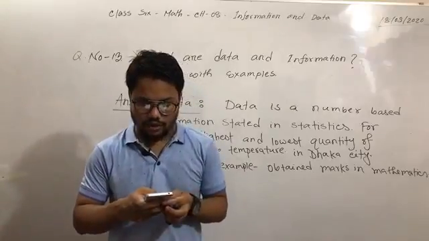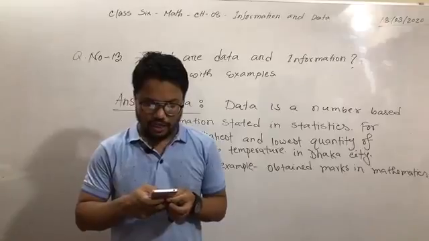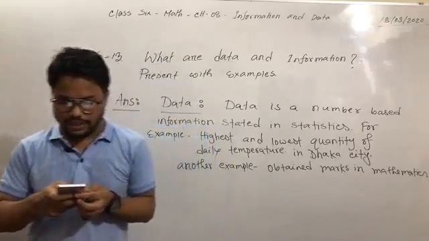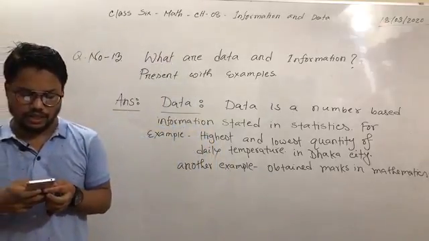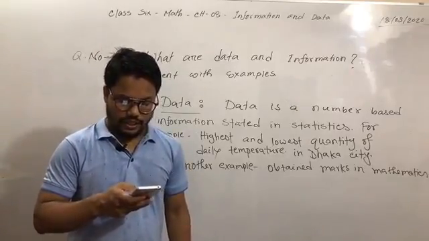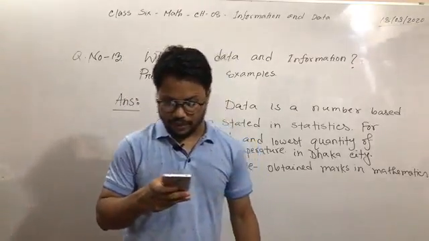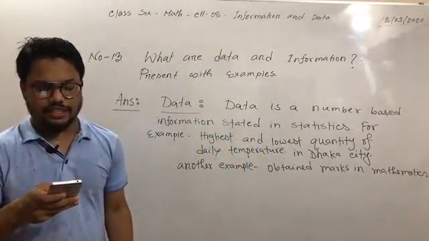Data is raw and unorganized fact that is required to be processed to make it meaningful. Data is always interpreted by humans and machines to derive meaning. So data is meaningless by itself.